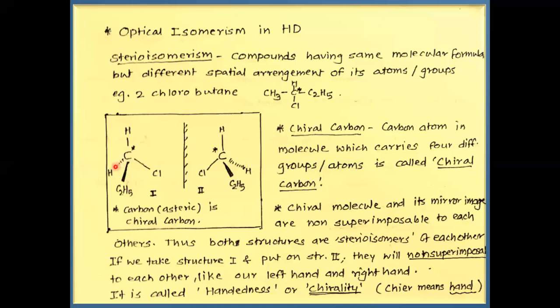The dotted line indicates that the hydrogen atom is behind the plane of the slide. The bold line indicates the C2H5 group coming out in front of the plane of the slide, pointing towards you, and the simple lines, H and Cl, indicate that these atoms are present on the plane of the slide or paper.